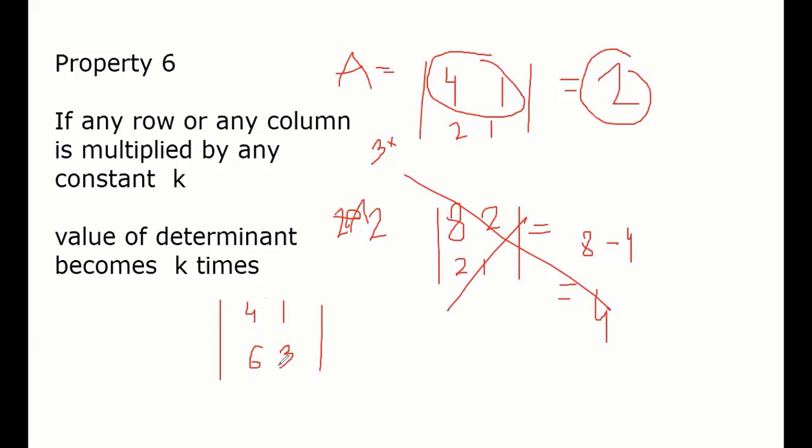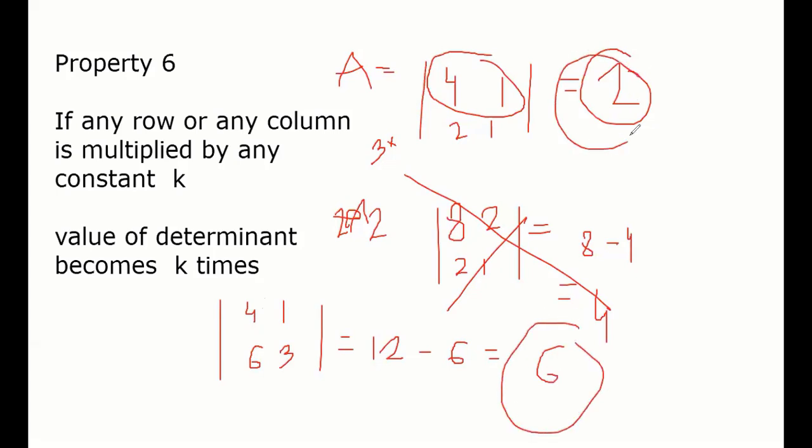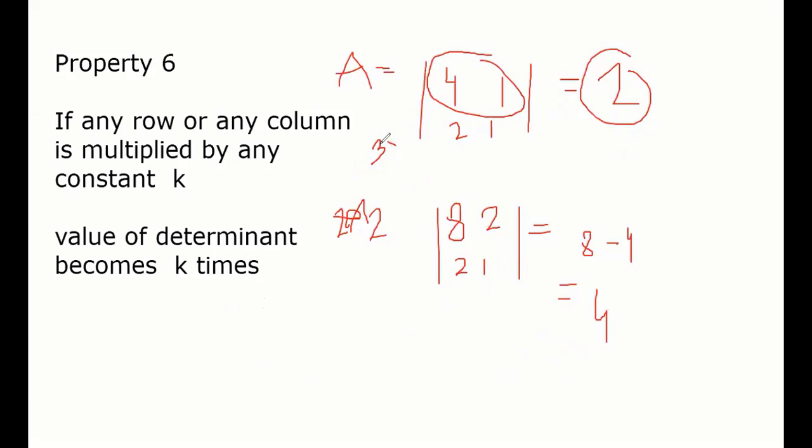I multiplied the second row with 3. अब इसका वैल्यू देखो क्या हुआ? 12 minus 6, 6. Original value was 2. Now we got 6, multiplied by 3, as we did. Particular row, particular column. I'll give one more example, then you'll solve 2 questions, okay?